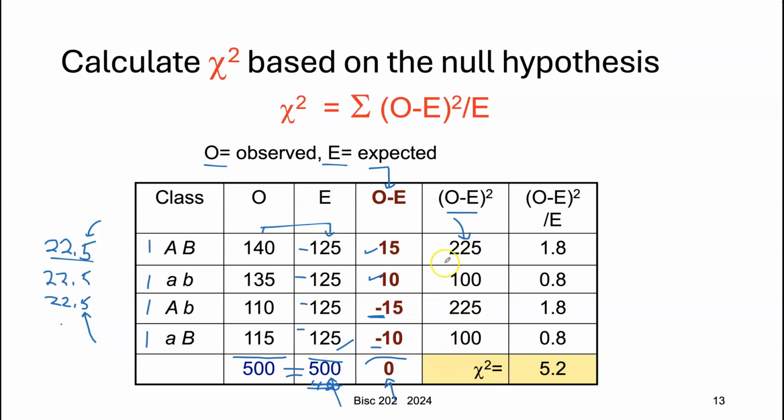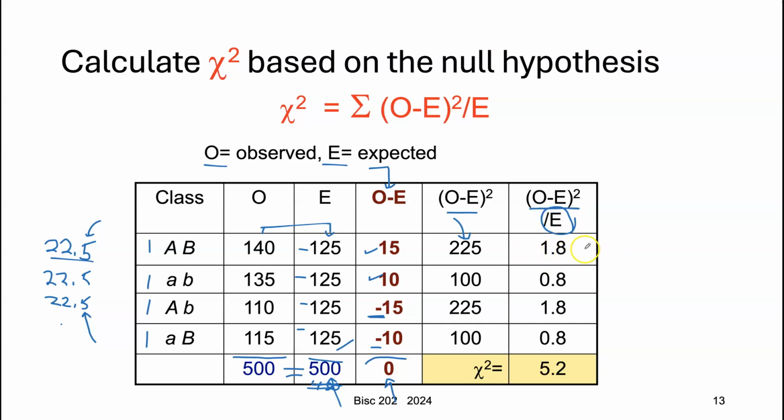Notice this isn't going to add up to 0 or anything. But then to correct it for sample size, so that the sample size makes a difference, we then divide by the expected, right? So the observed minus the expected squared, and then all divided by the expected. So there should be a line here.